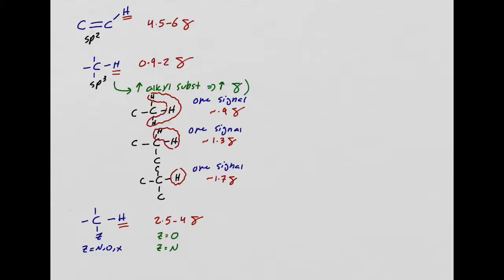So if oxygen is more electronegative, do you agree it's going to pull even more electron this way? So this hydrogen is going to be even more electron cloud deficient, so it's going to feel the magnetic field more, so the ppm is going to be larger. So far, so good. Again, these are rough numbers, but usually when you have oxygen, that hydrogen will show up around 4 ppm. But when you have nitrogen, it would be around 3 ppm because oxygen is more electronegative. Yeah? Okay.